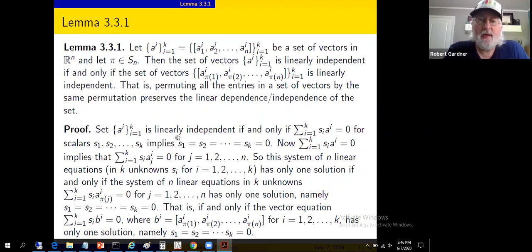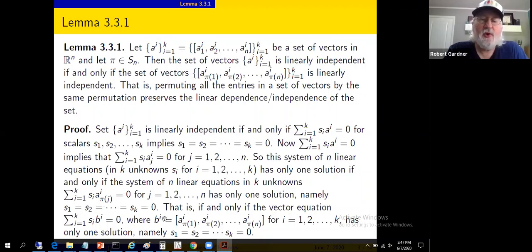We're looking at a case of showing linear independence here, meaning we must be getting out those coefficients to be zeros. That is, we've got that unique solution if and only if the vector equation, sum from 1 to k, S sub i, B super i equals the 0 vector, where I'm just introducing the B's to represent these modified versions of the A vectors.